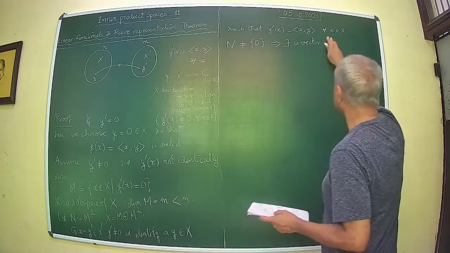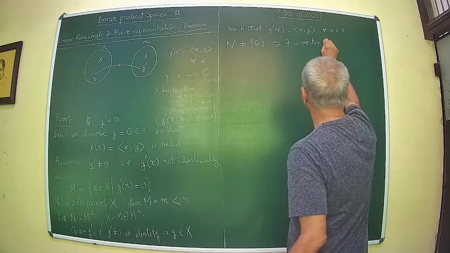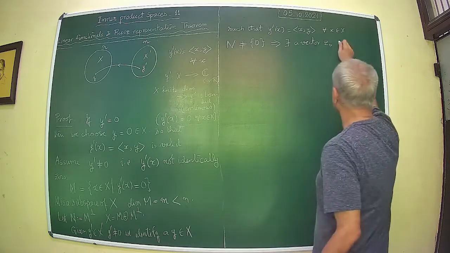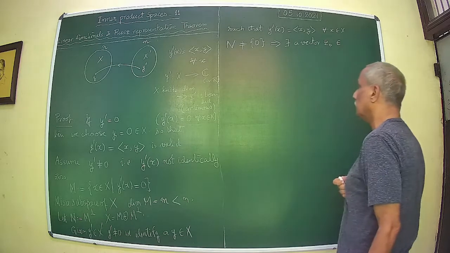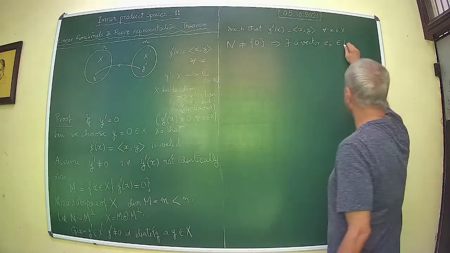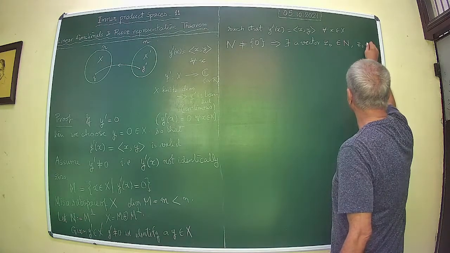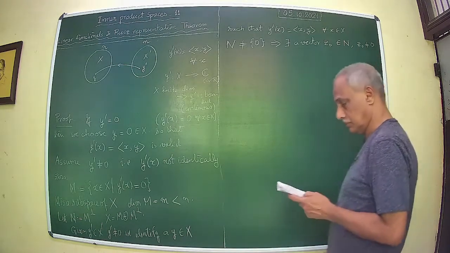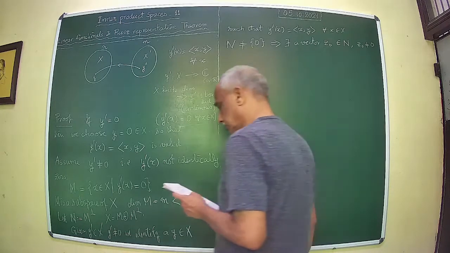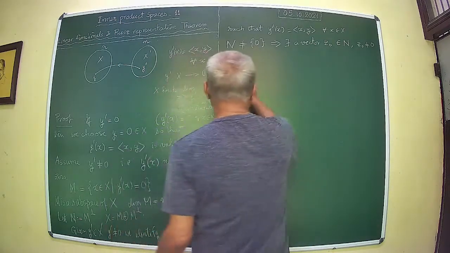So let me denote this by z naught, belonging to N, such that z naught is not equal to 0.